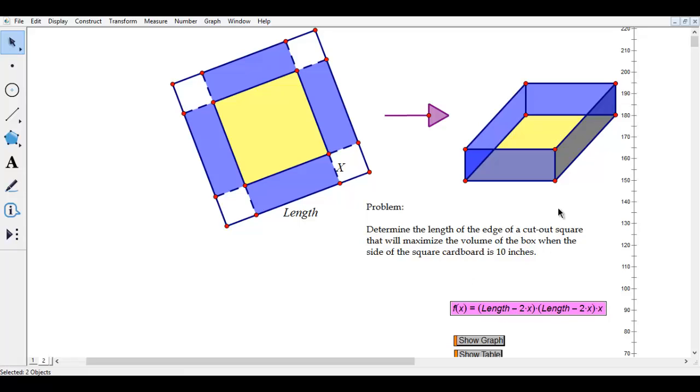For the width, it's going to be the same thing, which is length minus twice the length of the cutout piece. And then the height, which is this part right here, would just be the length of the cutout piece. So based on the picture, the students can actually see what's going on and why we're using that function as our reference for the problem.